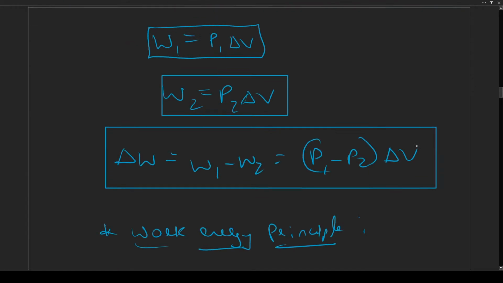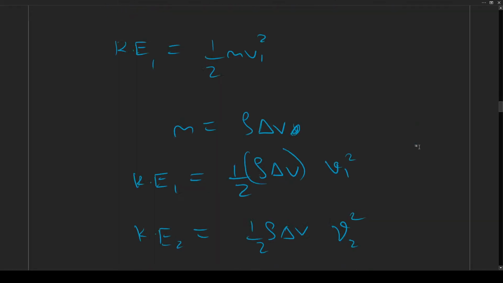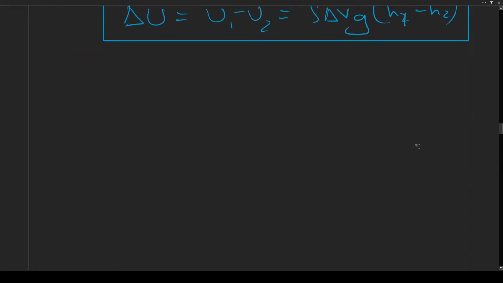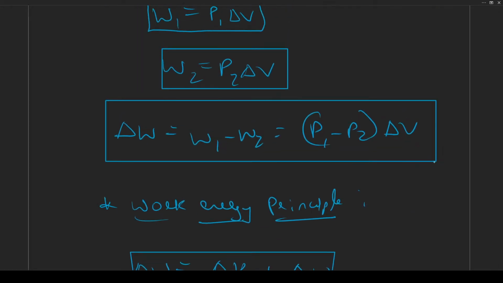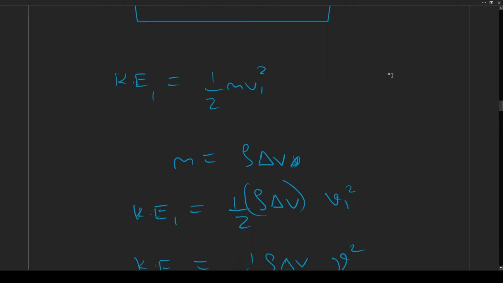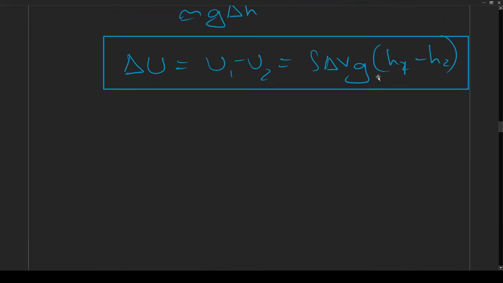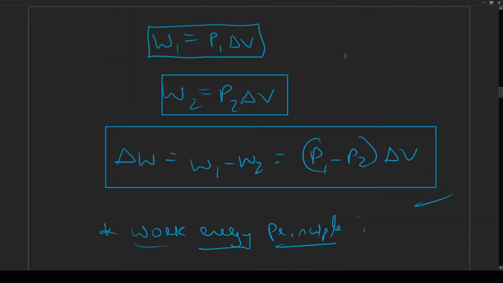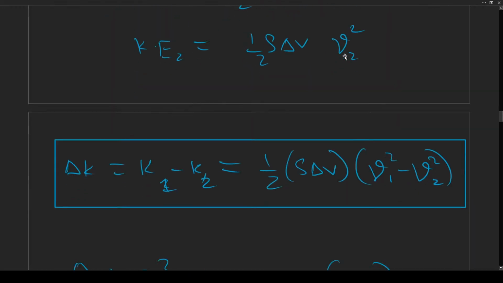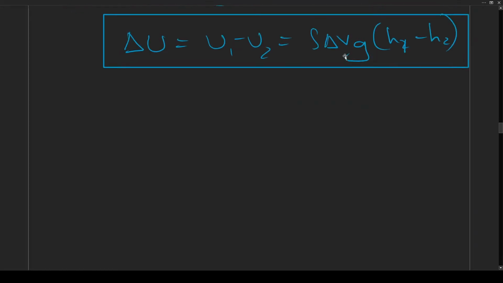This is the change in potential energy. Now we come back to the work energy principle, which states that delta W is equal to delta K plus delta U. Substituting everything, we also have delta W, which is P1 minus P2 delta V, which we got from using the force into displacement formula and the pressure formula.